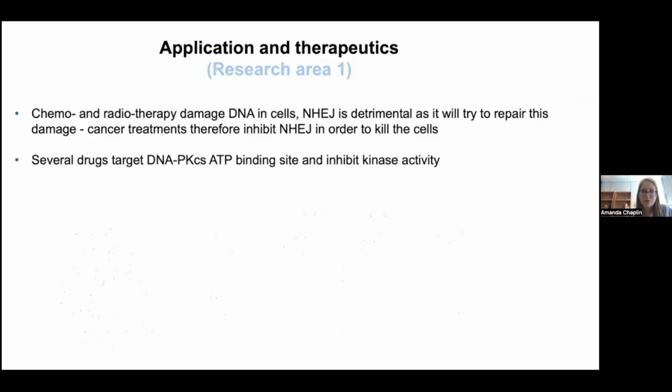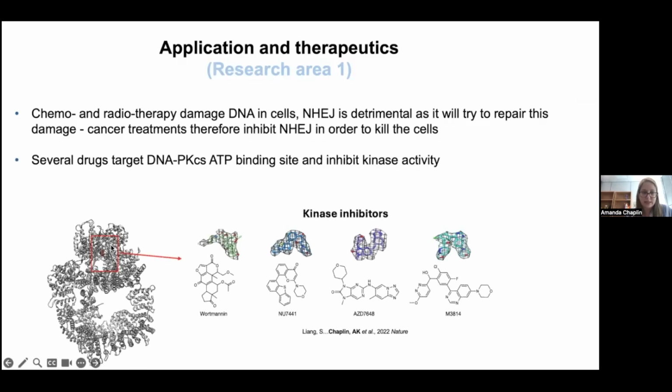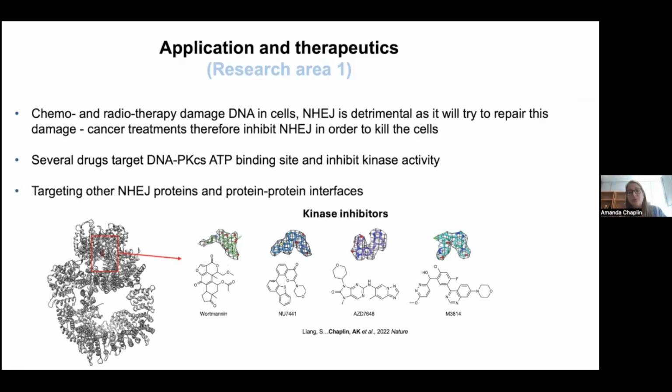And so there's several drugs already which target DNA-PKcs in the ATP binding site, and we've done a little bit of cryo-EM to show how some of these molecules actually bind. And we're looking at new ones all the time to see if we can optimize them, make them more soluble and more specific. And there has been some work on targeting some of the other NHEJ proteins as well as the other protein-protein interfaces as well. And that's still ongoing.